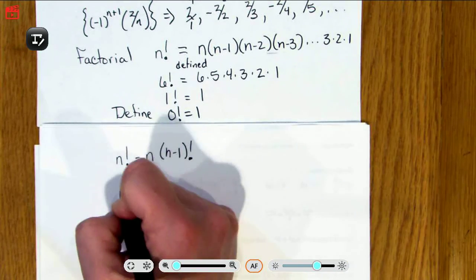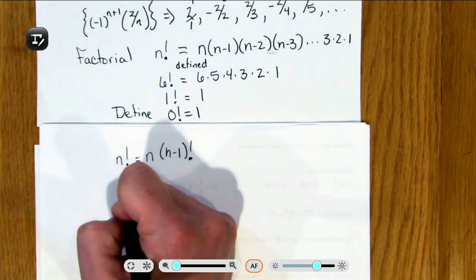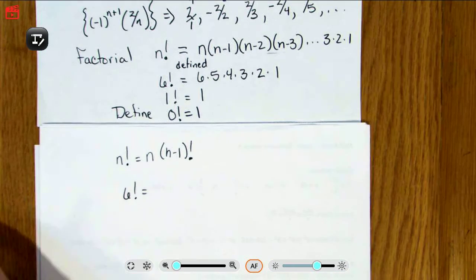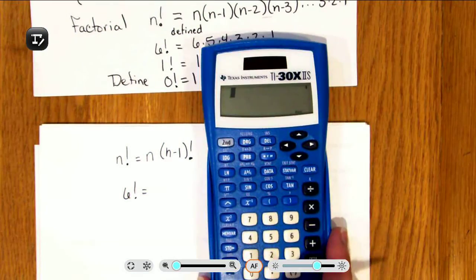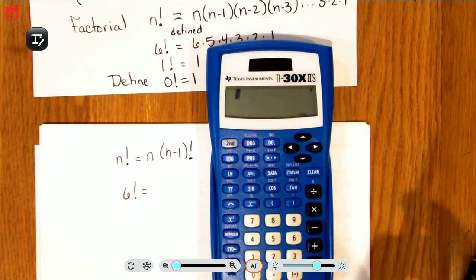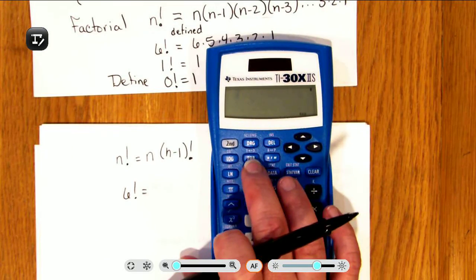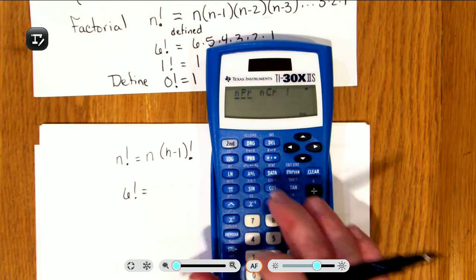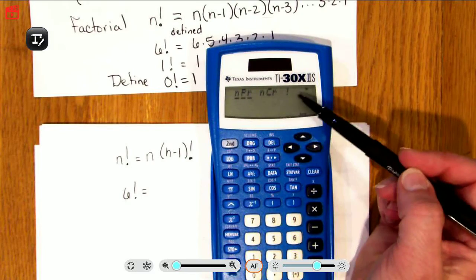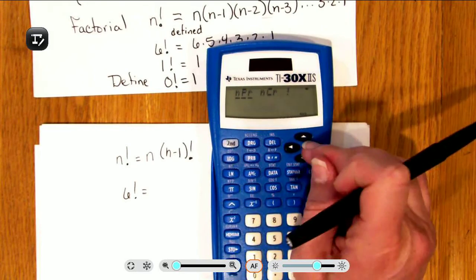To show you where it's on your calculator, we'll go and do 6 factorial, in case you ever needed to calculate it for whatever reason. Your factorial key is sometimes hidden. Mine happens to be hidden underneath the probability key, and if you look at my probability key, there's my exclamation point.